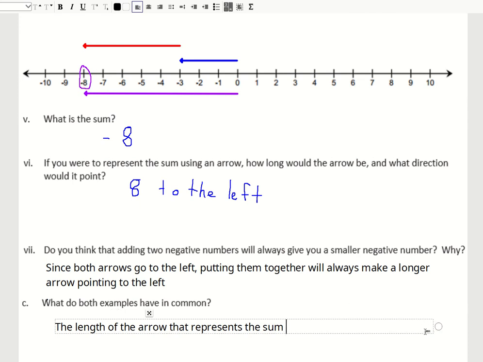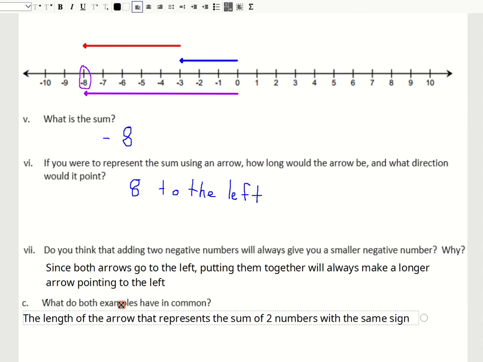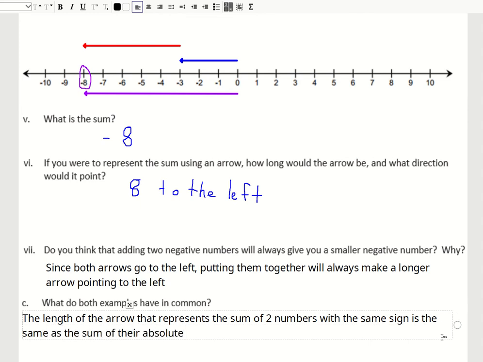Specifically, I want to mention that this is the sum of two numbers with the same sign, because as we'll see a little bit later on, it might not work when we have numbers with different signs. The sum of two numbers with the same sign is the same as the sum of their absolute values.